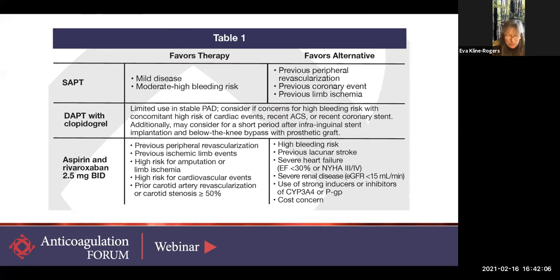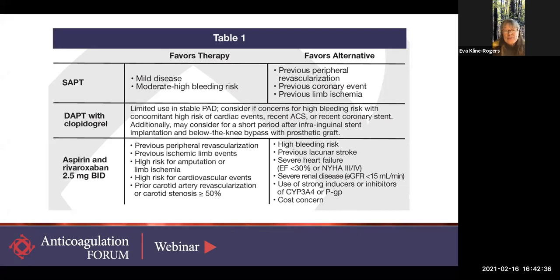On the rapid resource itself, on page 1 in the lower left is Table 1 that really summarizes therapy. You can see on the left, single antiplatelet therapy is favored in PAD patients with mild disease or moderate to high bleeding risk. An alternative would be favored if these patients had previous peripheral revascularization, a prior stent, or previous limb ischemia.